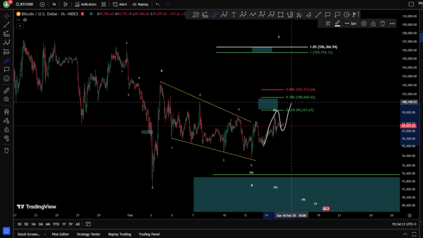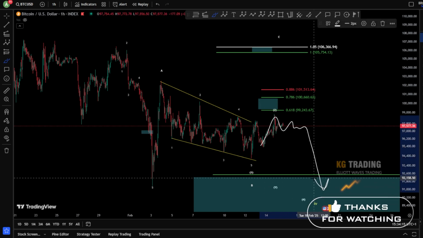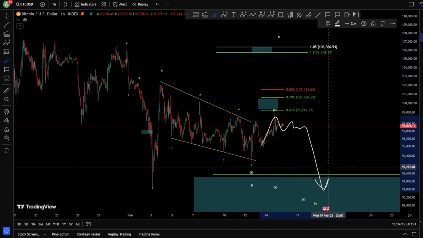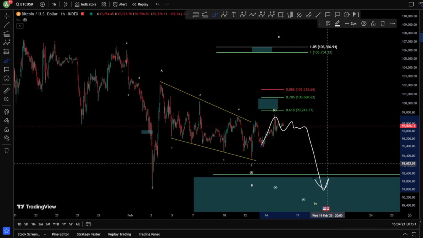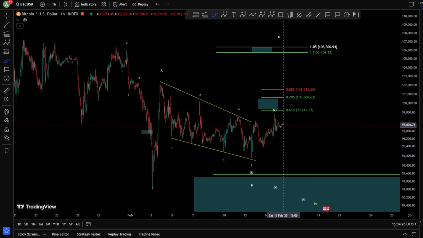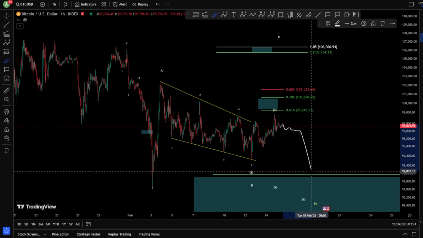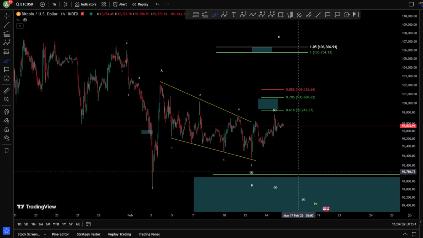Your wave Y can be a zigzag, a flat, a triangle, and then continuation toward the downside on Monday, or basically tomorrow afternoon European Eastern time, because the market normally after the weekend, on Sunday afternoon European time, starts to move on.